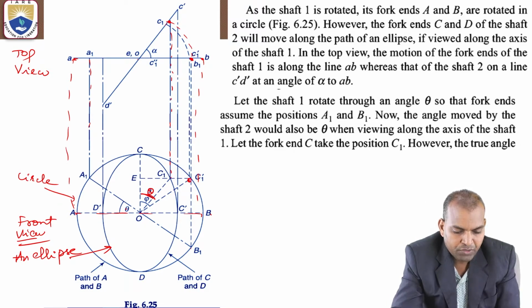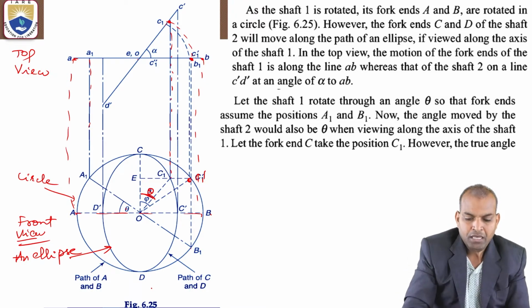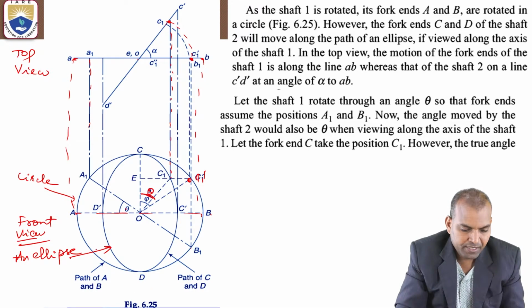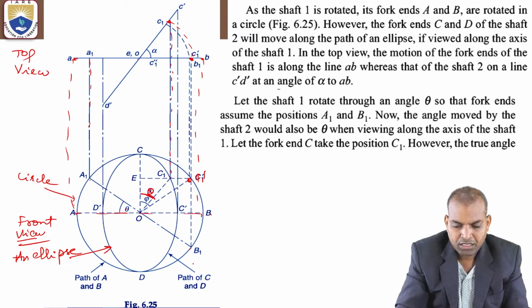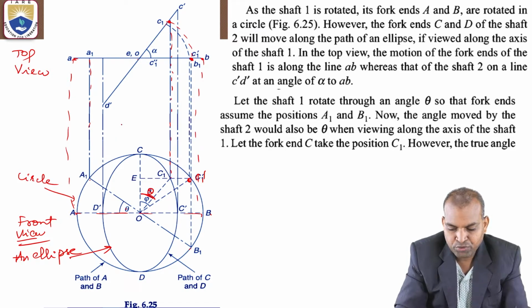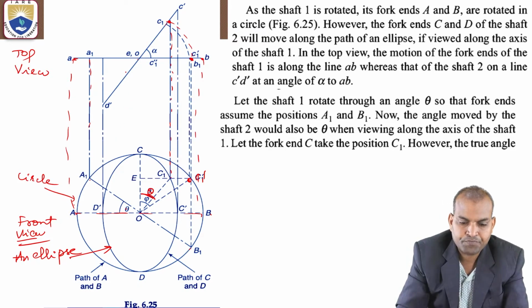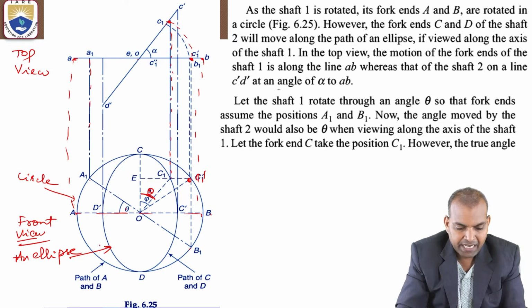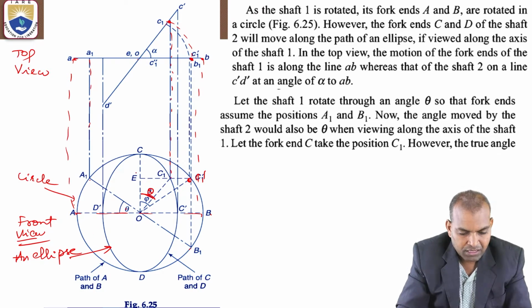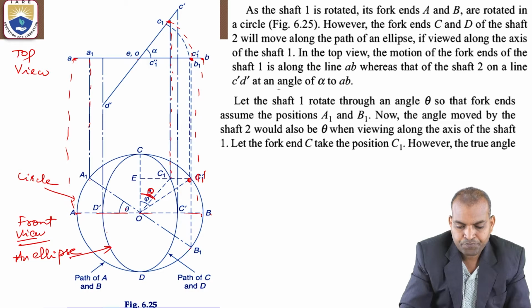Then it becomes C1 dash. So when shaft 1 rotates through an angle theta, the fork ends assume the positions A1, B1. The angle moved by shaft 2 is theta when viewed along the axis of shaft 1. The fork end C takes the position C1.